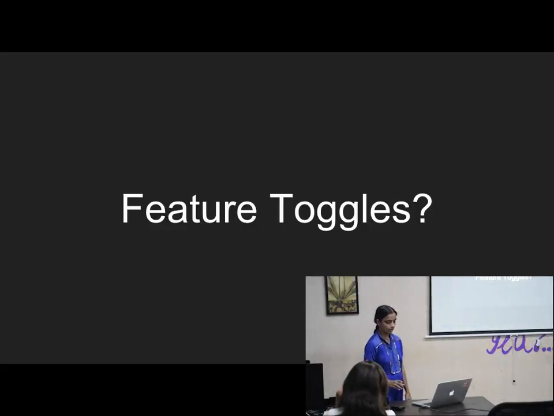So this is a key concept in continuous delivery. I'm not talking about the continuous delivery version, that's a long topic, but I'll touch upon multiple parts of continuous delivery throughout this talk. If you want continuous delivery, if you want to have frequent pushes to production, without feature toggles it might be harder.